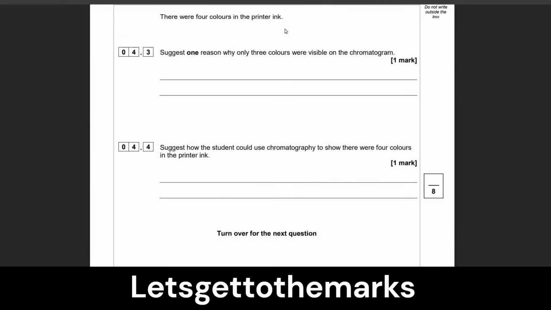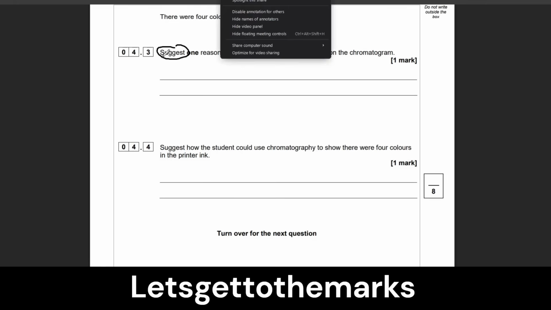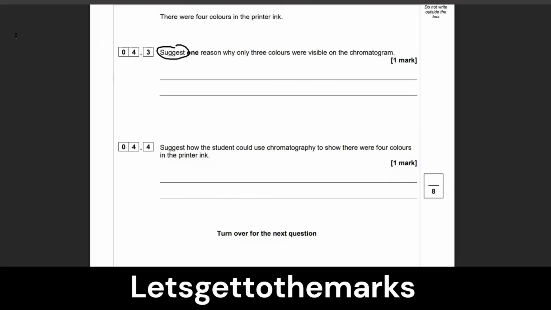There were 4 colors in the printer ink. Suggest one reason why only 3 colors were visible on the chromatogram. Now, suggest means any sensible reason. So maybe the fourth color is white, so does not show up, right?